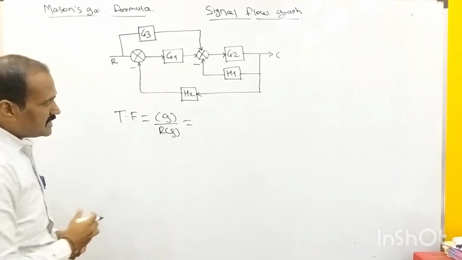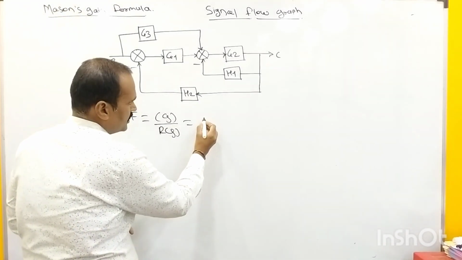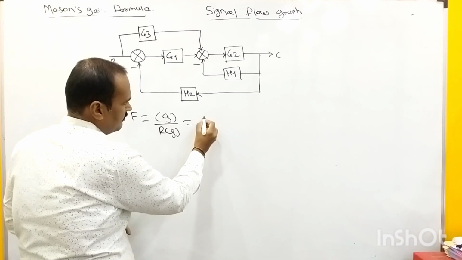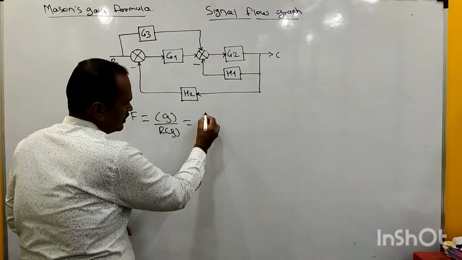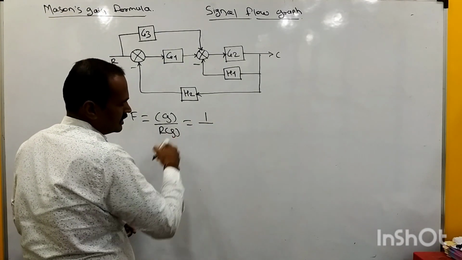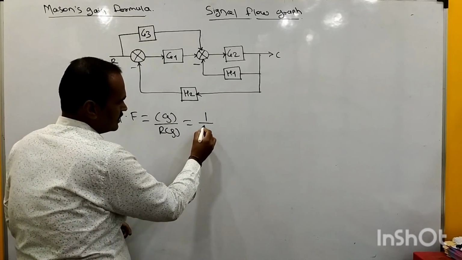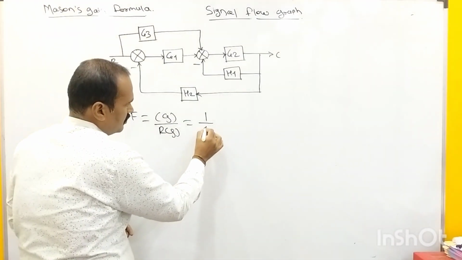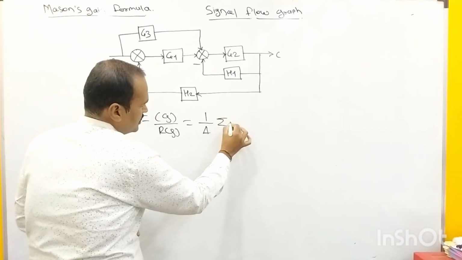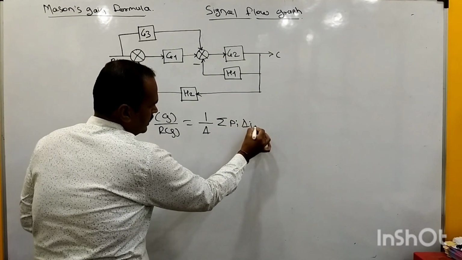According to Mason's gain formula, how is the transfer function tabulated? In the previous section we tabulated the overall transfer function using this formula. It states that the transfer function equals 1 over delta into the summation of Pi into delta i.